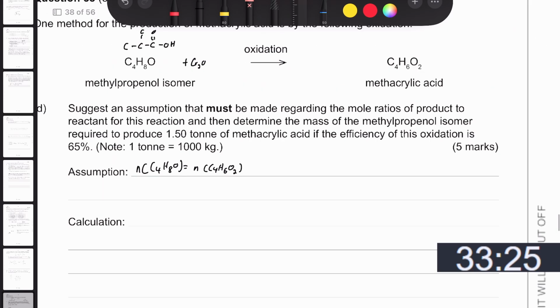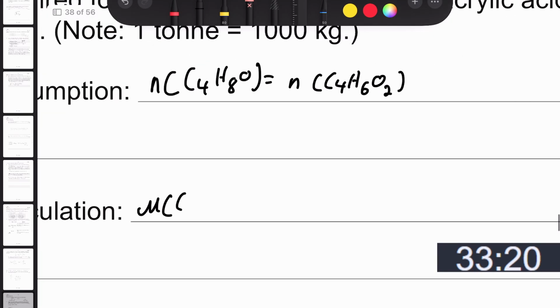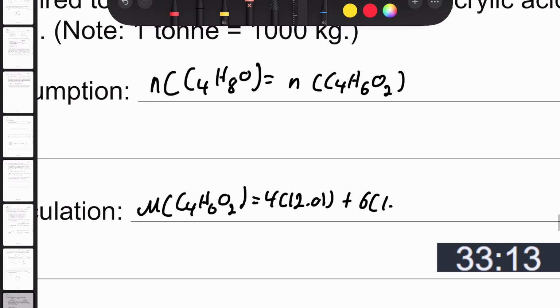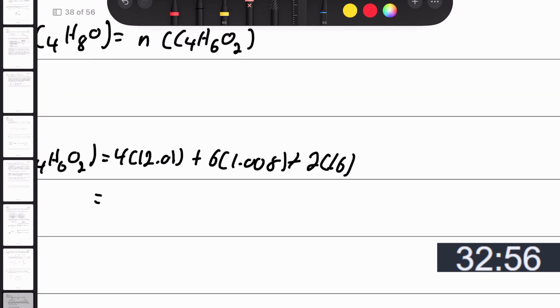So calculate for 1.5 tons of the methacrylic acid. Mass of C4H6O2 is 4 times 12.01 plus 6 times 1.008 plus 2 times 16, which is 86.088 grams per mole.